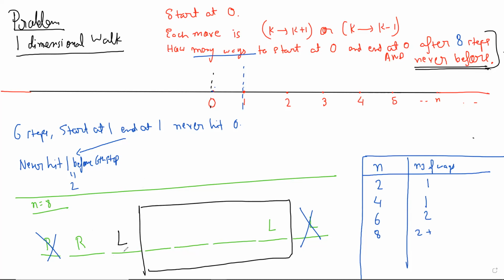If the third move is L, right? Then again, this is 2 R's and 2 L's. I mean, you have to start with an R, L, and so on. This is again just like the previous thing.